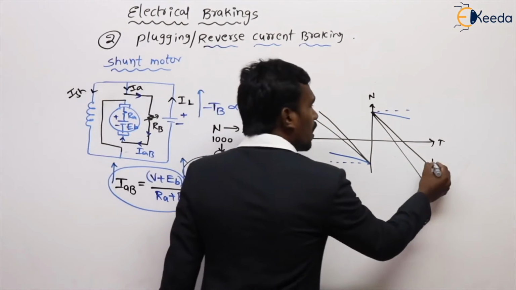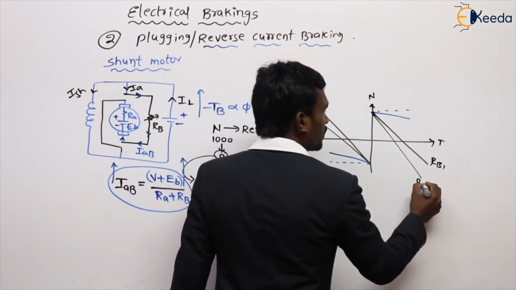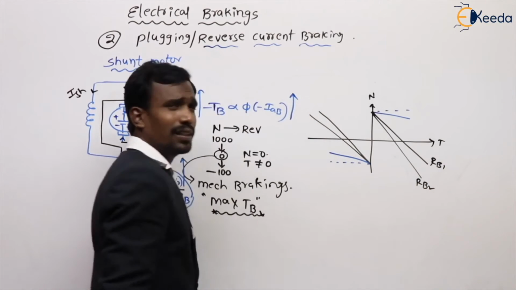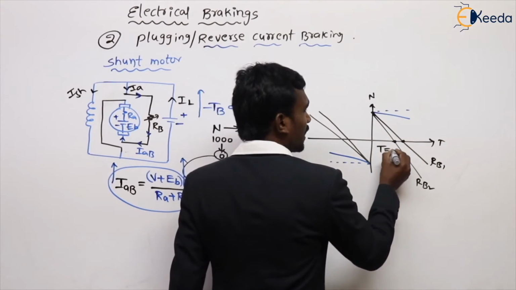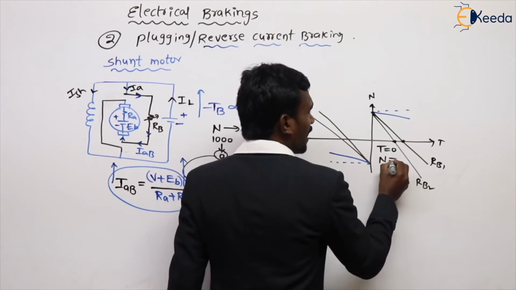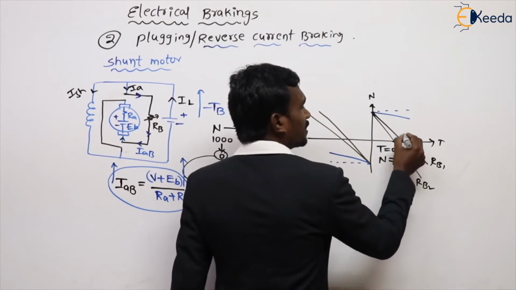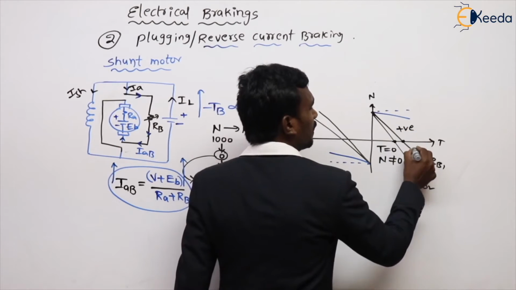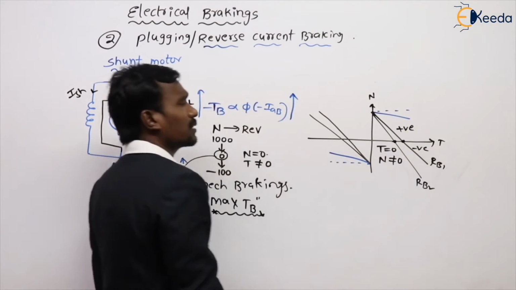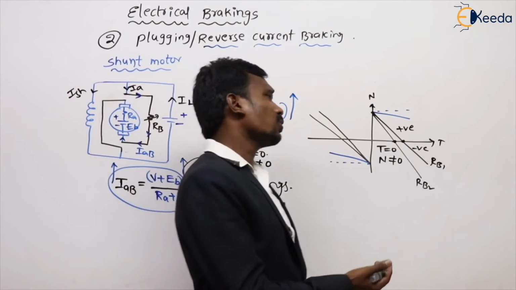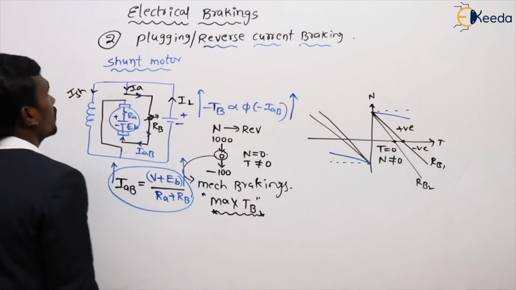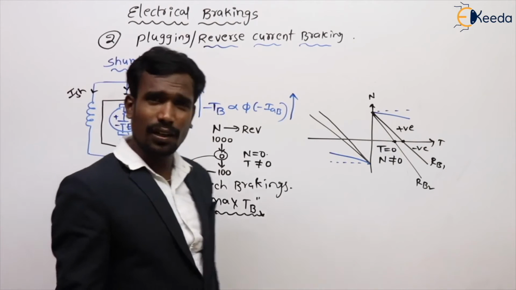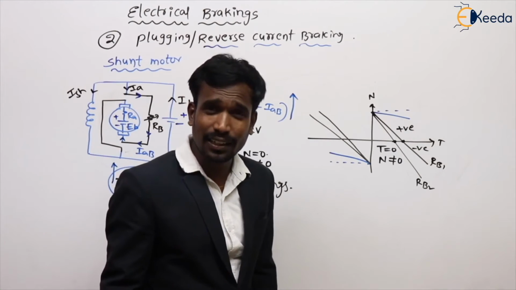This is for RB1 and this is for RB2, etc. See here, even though torque is 0, the speed is not 0. When the torque is 0, here the positive speed, here the negative speed, the rotor tries to rotate in reverse direction. This is simply about the plugging in shunt motor. Are you getting or not?